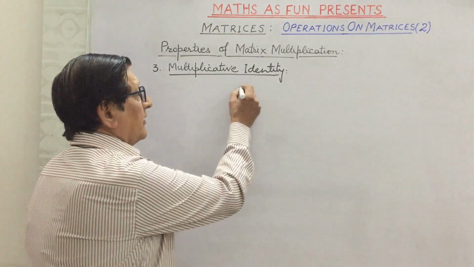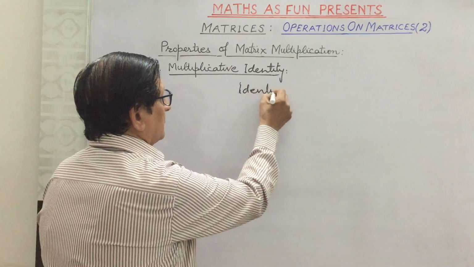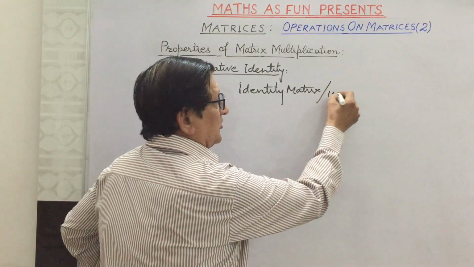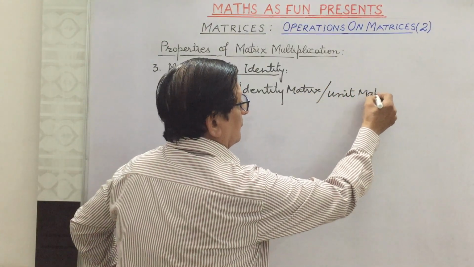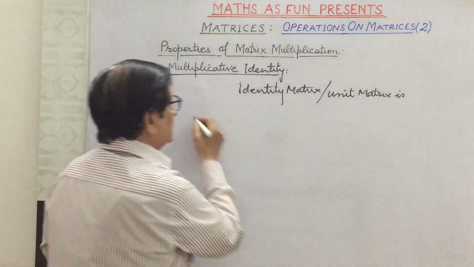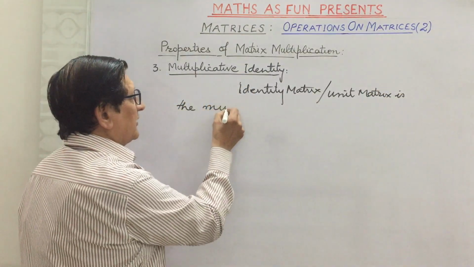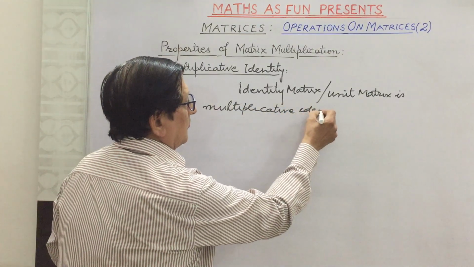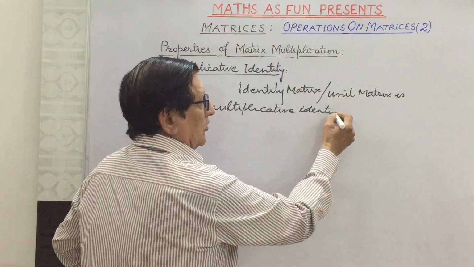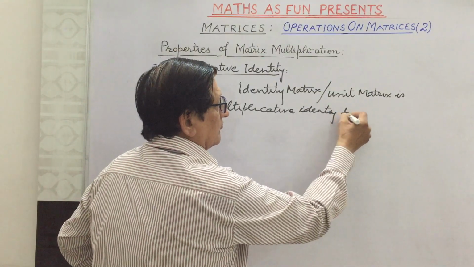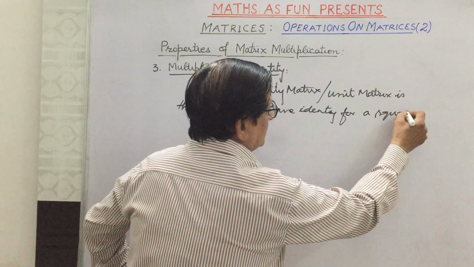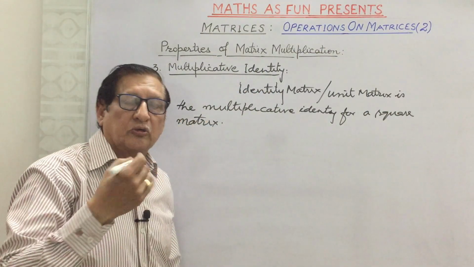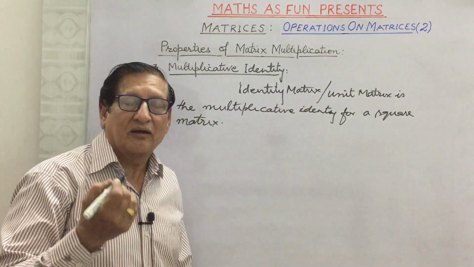So we can say the identity matrix or unit matrix is the multiplicative identity for a square matrix. This we have to remember because we know that the identity or unit matrix is always a square matrix.